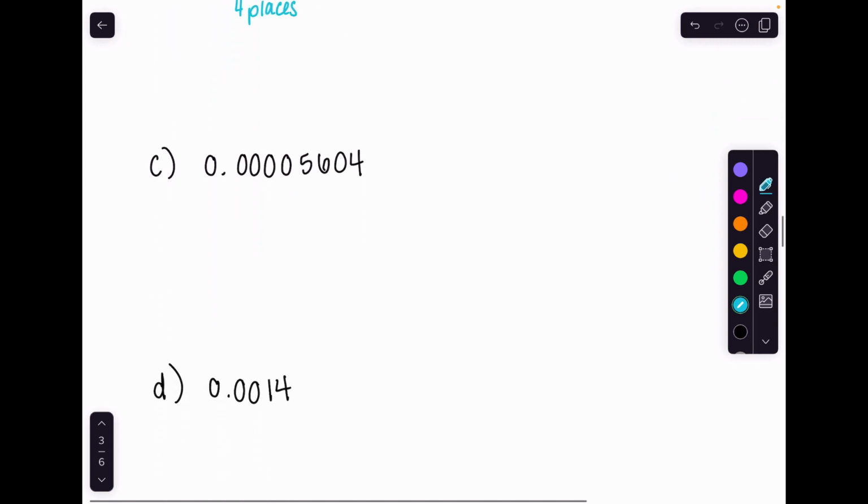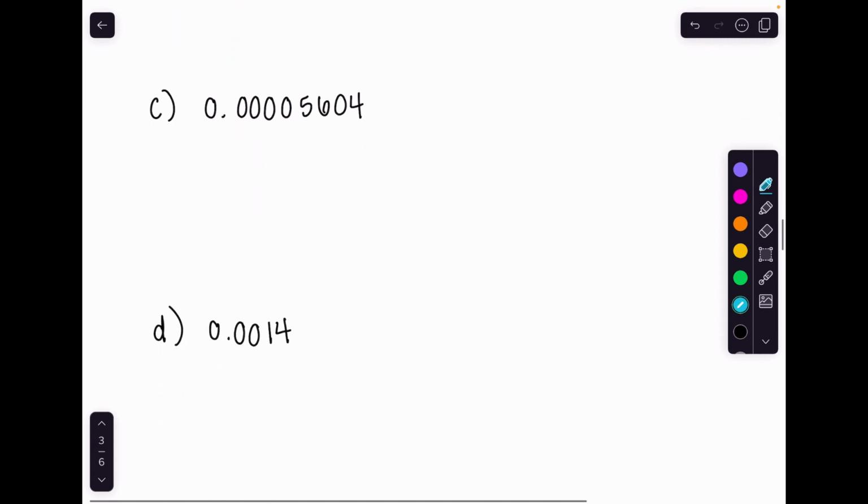In these next two examples, you see we have small decimals for both of these. So both of these are going to have negative exponents. So same idea, I search my number until I hit my first non-zero, which in this case is 5. So my decimal is going to move to immediately after the 5.